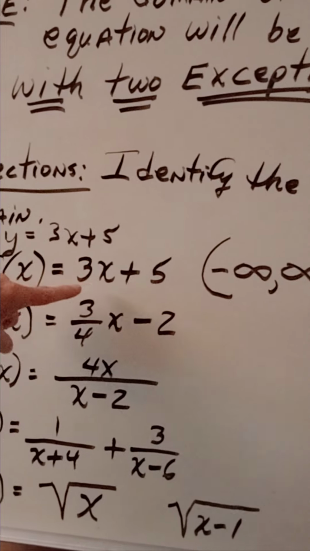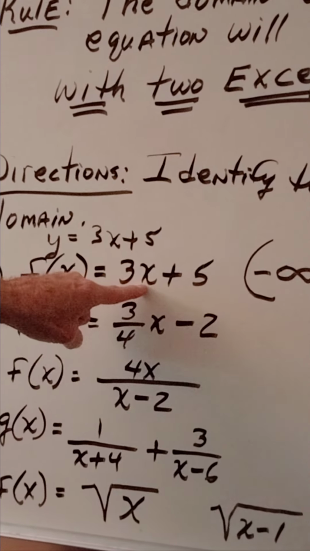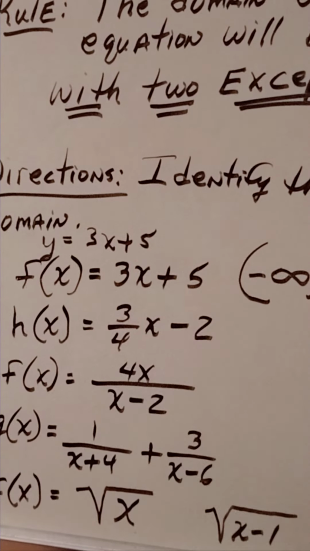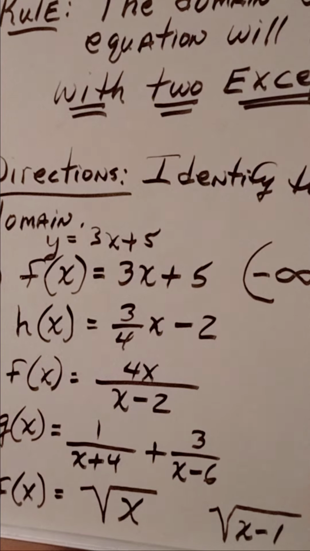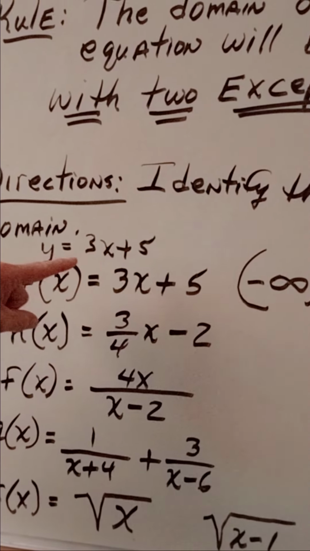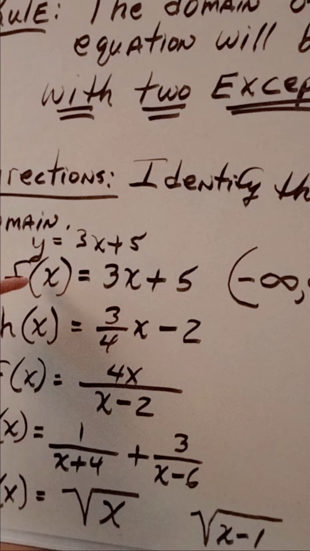You see, what we're saying is there is no restriction whatsoever on what you can let x be. You can let x be any real number. You can let x be 0, and you're going to get a unique value for y. You can let x be 1, and you're going to get a unique value for y.